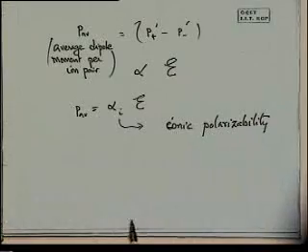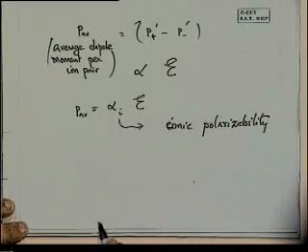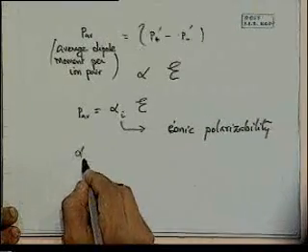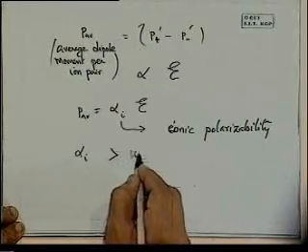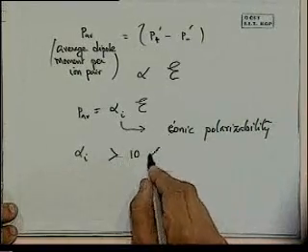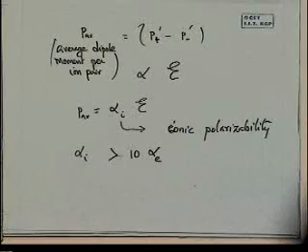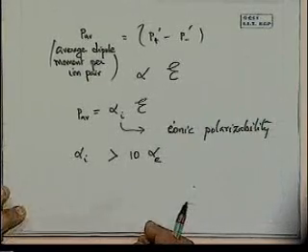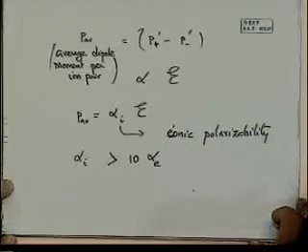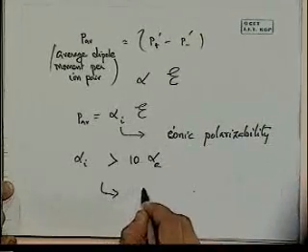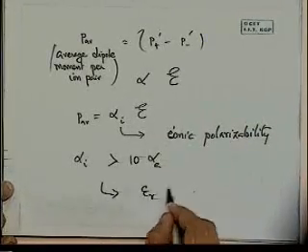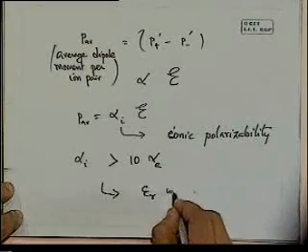So a similar kind of expression as before. It turns out that the ionic polarizability is often 10 or more times greater than the electronic polarizability. The effect is much stronger than electronic polarizability. As a result, the dielectric constants or relative permittivity in ionic solids is also very high.